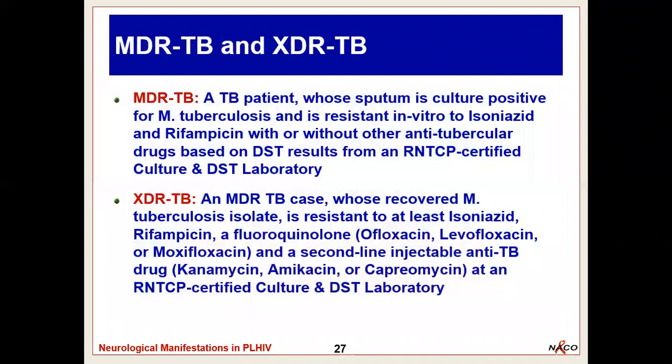So what we're seeing here is MDR and XDR TB. MDR is a patient whose sputum is culture positive for TB with resistance to isoniazid and rifampicin. XDR TB is when you have further resistance to at least fluoroquinolones and a second-line injectable. In coming times, we'll see changing definitions of MDR plus pre-XDR. Right now what we have is MDR, pre-XDR, and XDR.